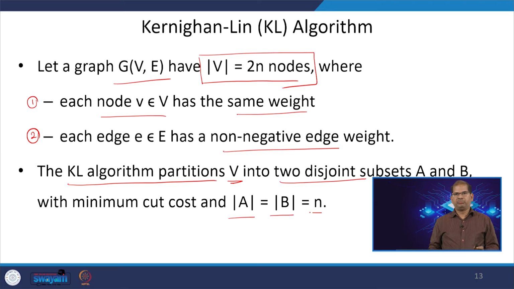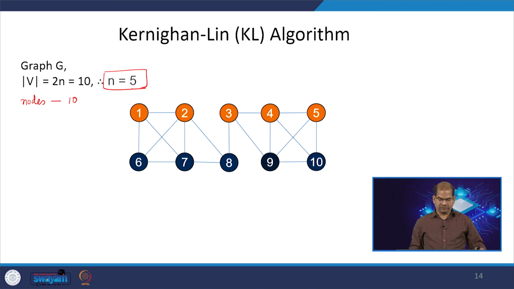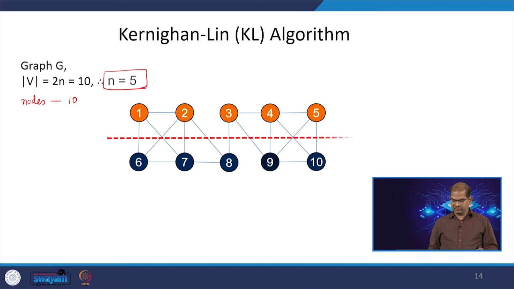A mod equals B mod equals n. Let us take one example here. The total number of nodes or vertices is 10, and each partition should have 5 nodes.